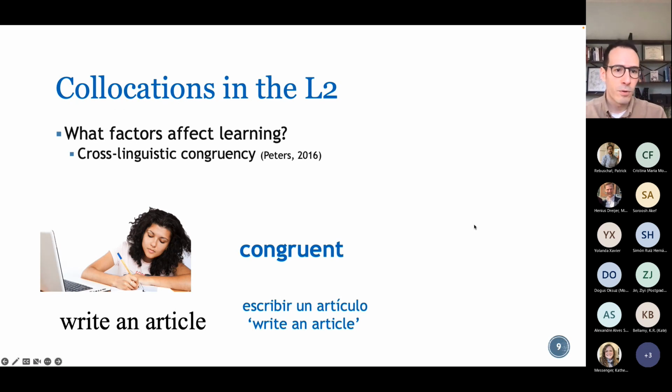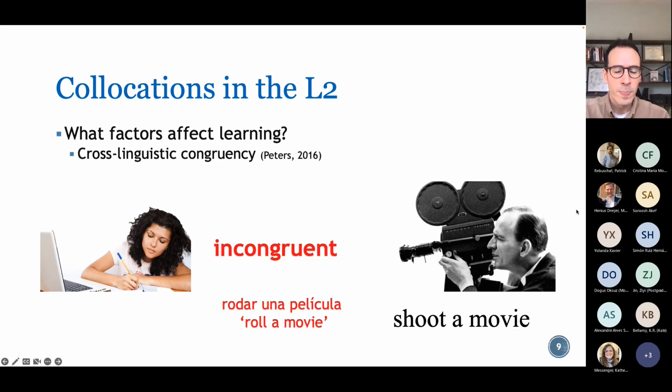Let me start with a couple of examples to illustrate. For a verb-noun phrase like write an article, say for a first language speaker of Spanish, this really doesn't present much of a challenge. It's a phrase that's perfectly congruent with their first language, which has a literal word-by-word equivalent. But if we looked at a different phrase, such as to shoot the movie, as in the example I gave before, you can immediately see how the Spanish equivalent is non-congruent and has a very different verb choice.